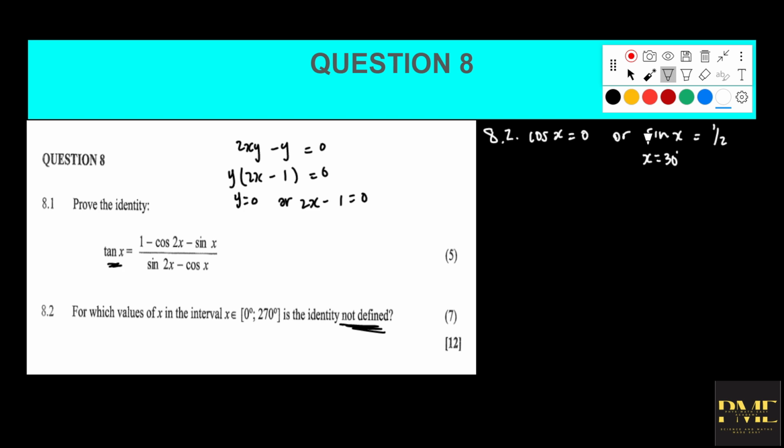Okay, so we know that the next question we ask ourselves is how our reference angle will help us determine our solutions, in terms of a general solution. So the next question will be where the sign is positive. Why are you asking that? Because our reference angle is positive.